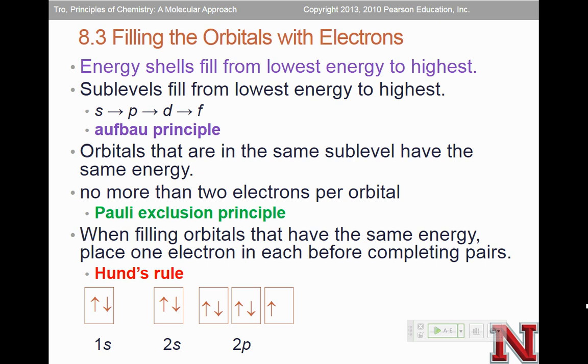The correct way to show and represent the bonding for oxygen is this way. So that's why we want to follow Hund's rule. We don't want to pair until we've put a half electron in each of the degenerate orbitals. So this just represents the energy. We always draw our energy going up, but you'll often see in the book it going across, and the degenerate ones are kept closer together, representing that they're the same energy.